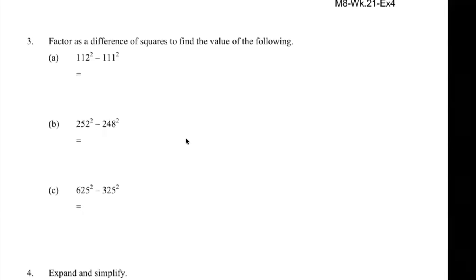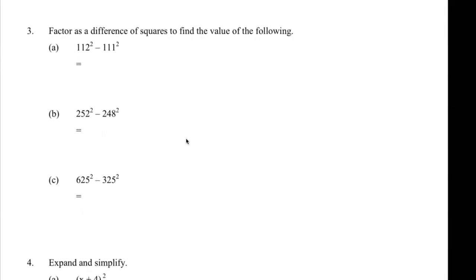Let's look at question number 3. Factor as a difference of squares to find the value of the following. So now, not only do we need to write these expressions as a plus b times a minus b, we also need to find the numeric answer.